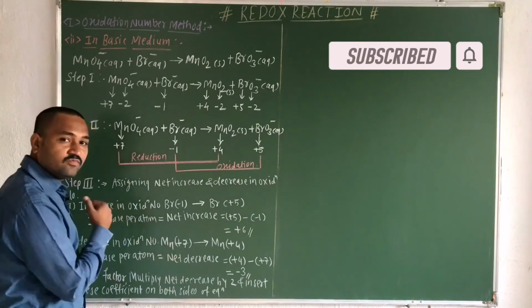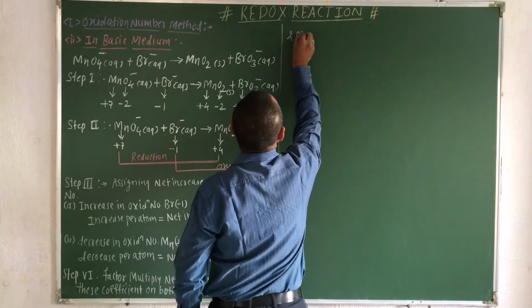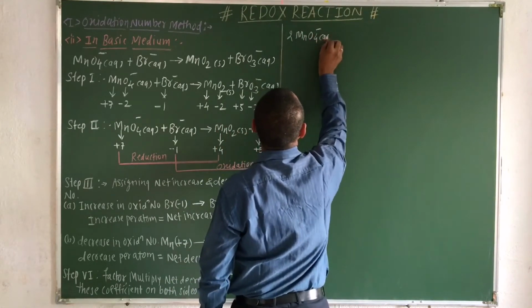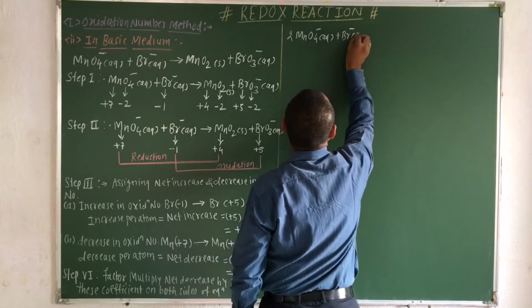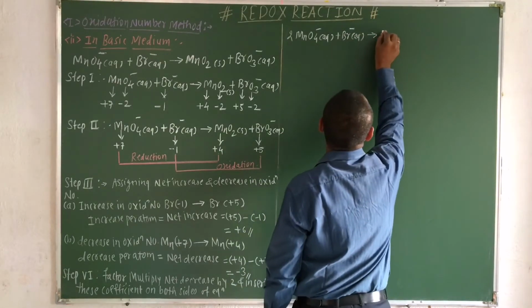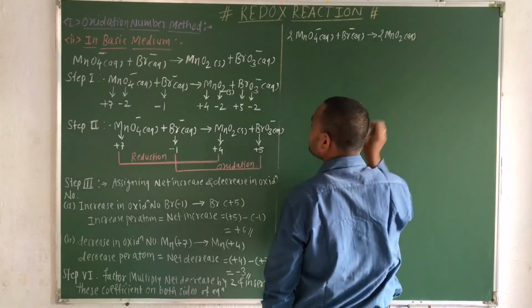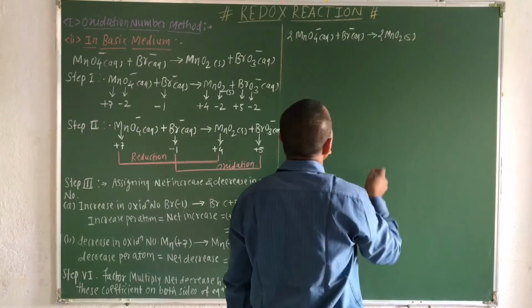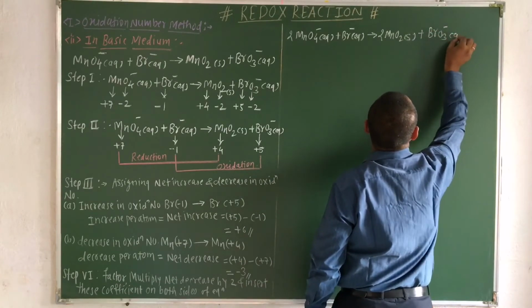Now for which atom? For the Mn atom. So our equation is modified as 2MnO4 minus aqueous plus Br minus aqueous gives 2MnO2 solid, not aqueous, solid, plus BrO3 minus aqueous.